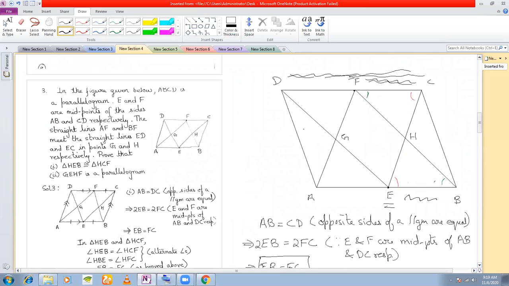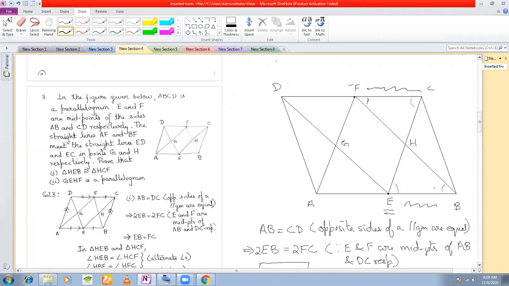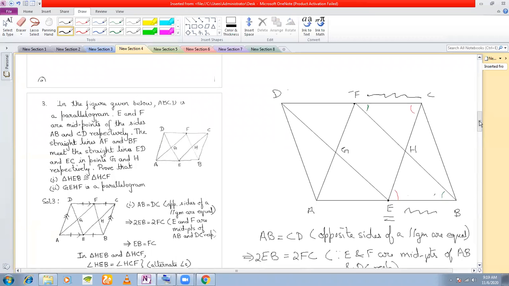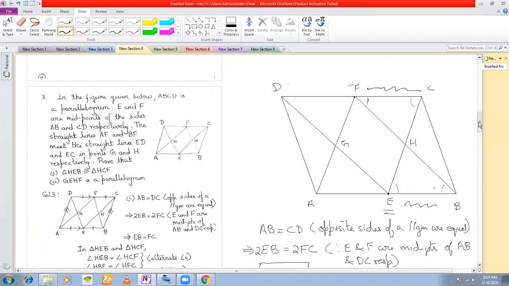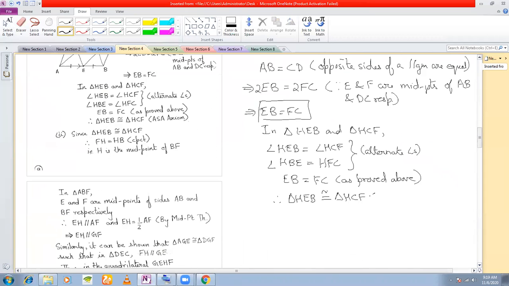This side and this side. They are equal. Now tell me which axiom? Angle, side, angle. ASA, because the side that we have proven equal is nothing but the included side. That's why. So ASA axiom.